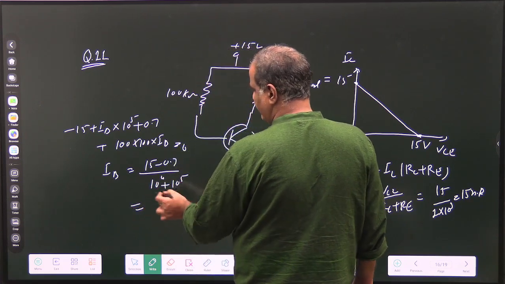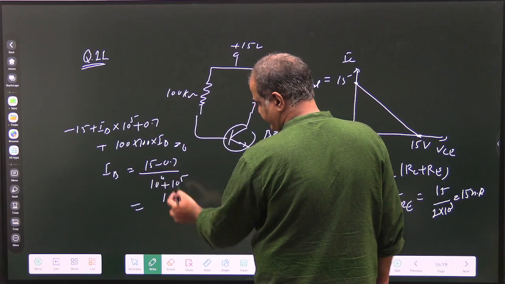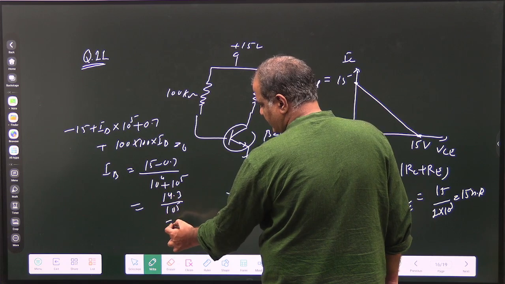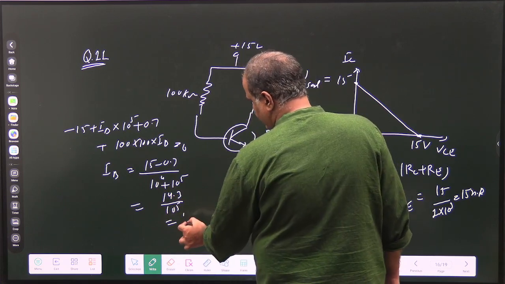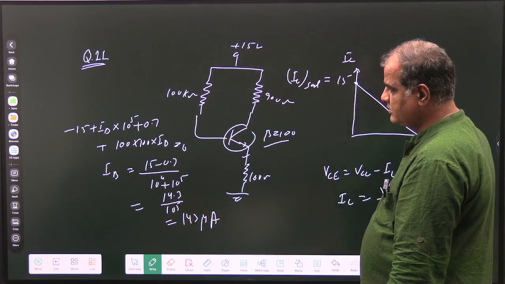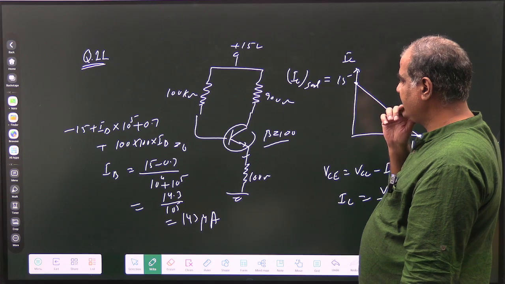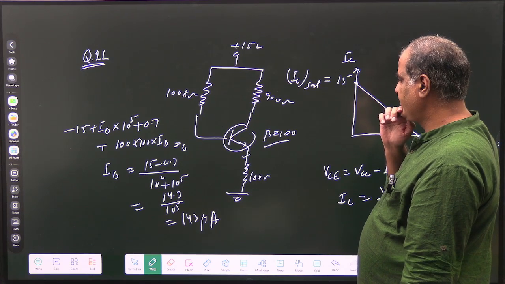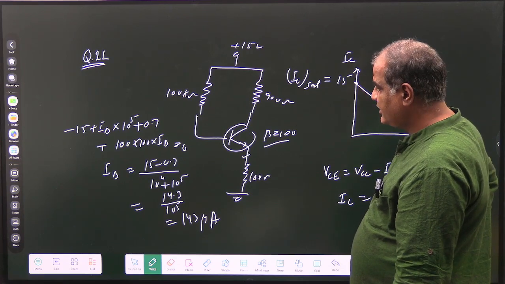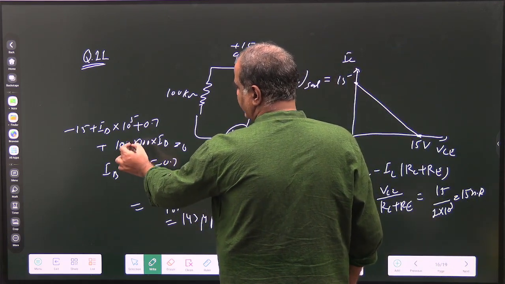This is 10 raised to power 5 only, so 14.3 and this is 10 raised to power 5 only. So how much will come? 143 microampere. And beta is 100, so how many microampere? 14.3 microampere. If you do accurately, then this is 101.